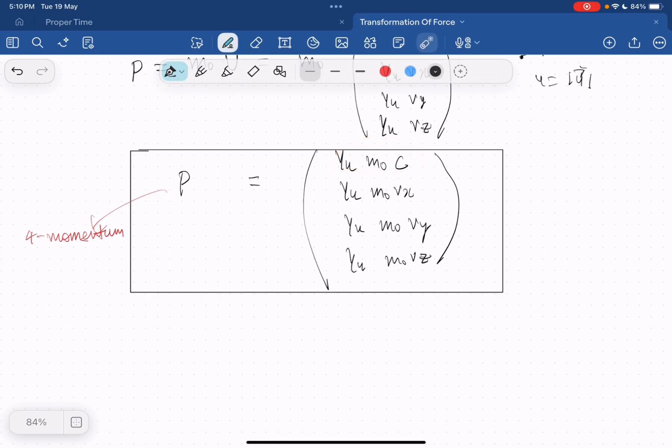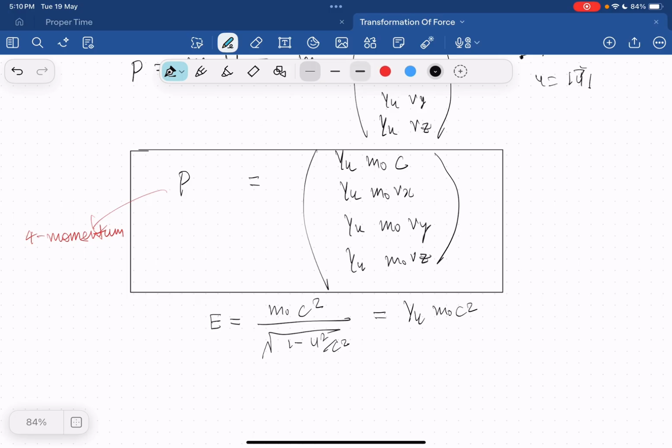From another analysis, we can prove that the total energy of the free particle is nothing but m naught c square by root of 1 minus u square by c square, where u is the speed of the particle, which is nothing but gamma u times m naught c square.